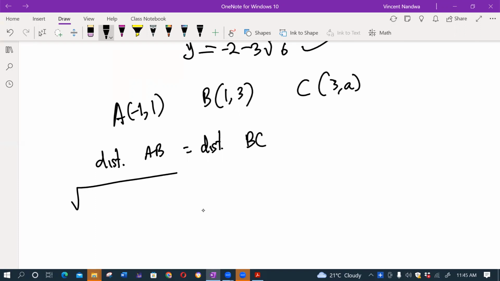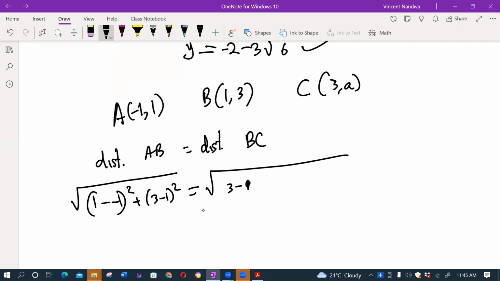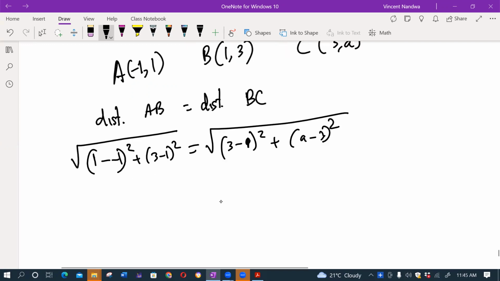So distance AB will mean square root of (1 minus 1) squared plus (3 minus 1) squared equals square root of (3 minus 1) squared plus (A minus 3) squared. That's by definition from the information given.